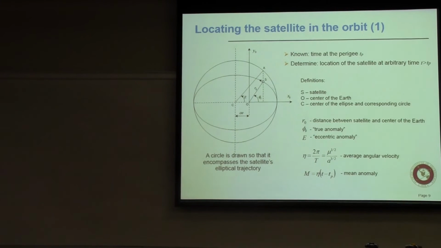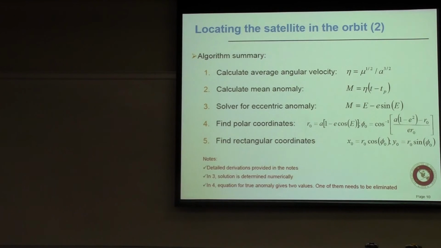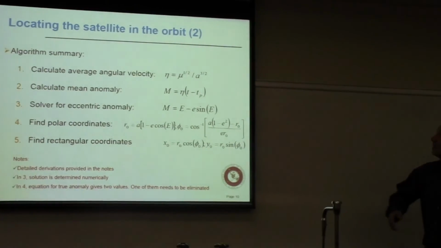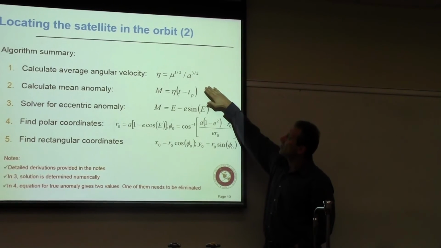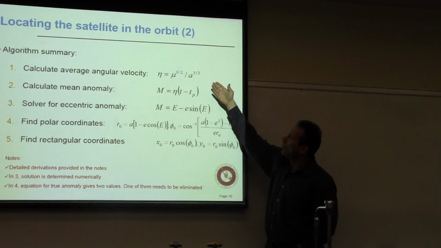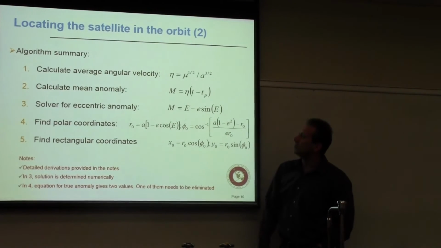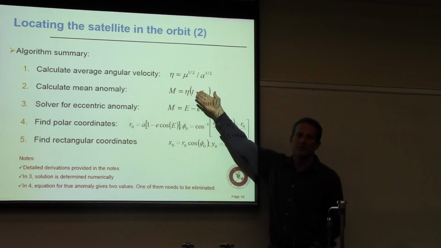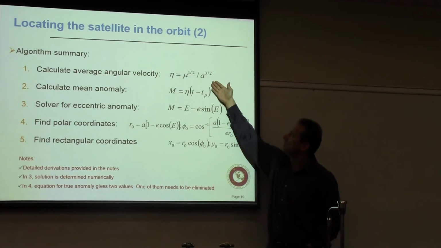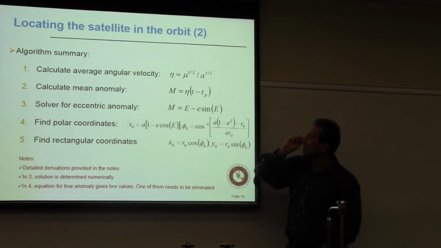So based on these definitions, here's the process to calculate the position of the satellite. First thing, based on the semi-major axis of the satellite, or period, I can express this in terms of period. If I know the period, then eta is 2 pi over T. If I know a, then eta is calculated this way.